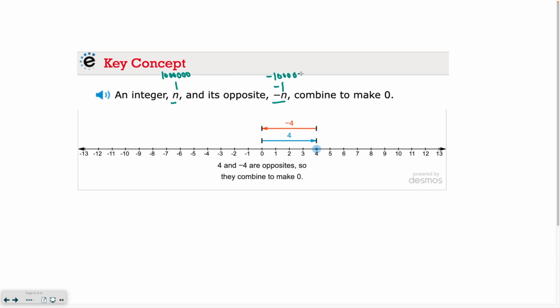It's really any integer that you pick, okay? That's what they're trying to represent with that letter N, that any number could apply there. Okay, so as long as they're opposites, when you put them together, it's going to equal 0.